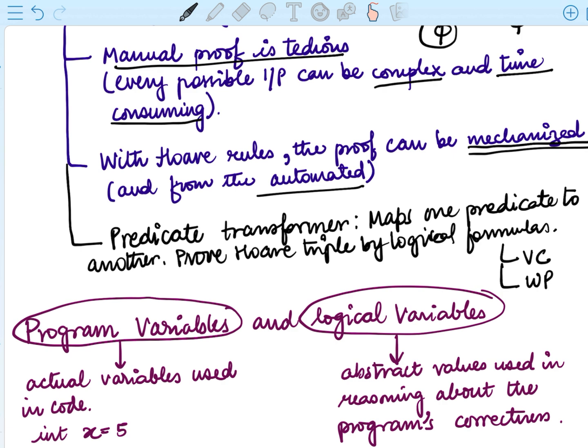So what it does is, it proves the Hoare triple by logical formulas. You will have logical formulas there and you will use verification condition and weakest precondition to highly automate the stuff and find if the program is correct or not.